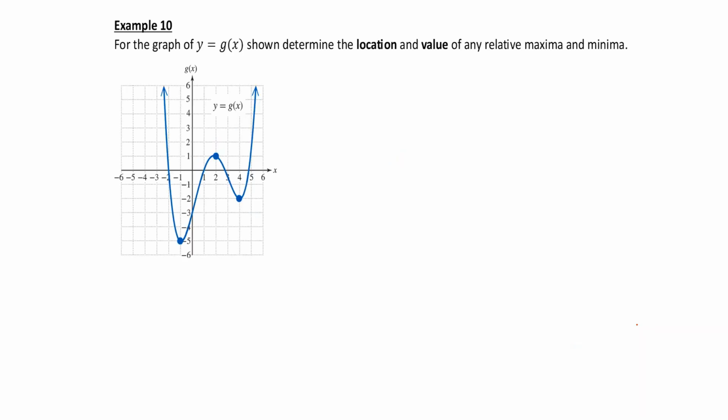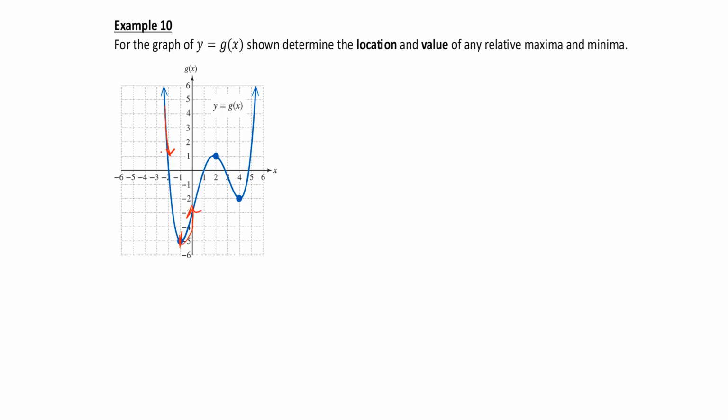All right, so for the graph of y equals g of x, determine the location and value of any relative maxima and minima. All right, so you can see what's happening. Let's start on the left, always starting on the left. The function is decreasing, going down, until you get to this spot right here, and then it starts increasing again.